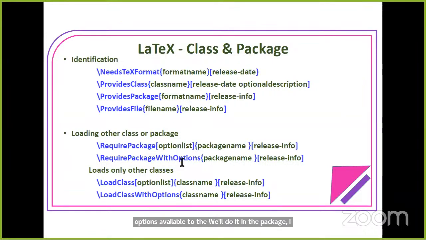But with RequirePackageWithOptions, it will have the original package's options, as well as the options created in my new file or new package, which also will be included. So RequirePackageWithOptions means it will take the options of the original package, as well as the options of the current package also.